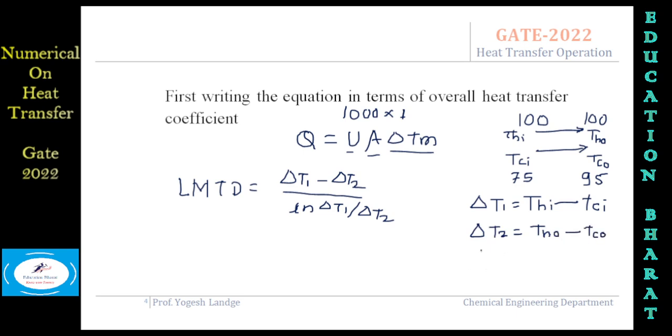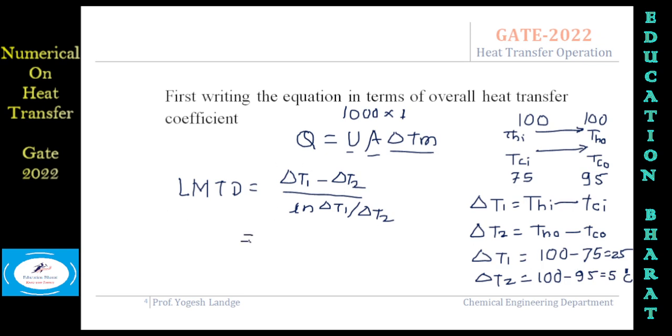So delta T1 is 100, which we have taken from this, minus 75, which is 25. Similarly for delta T2, we have 100, the outlet temperature of the hot liquid, minus the outlet temperature of the cold liquid, 95, which is 5 degrees Celsius.